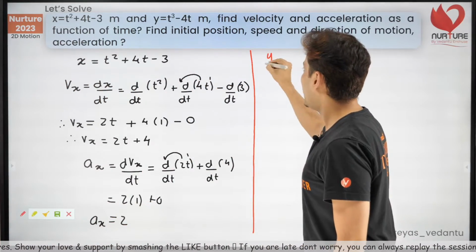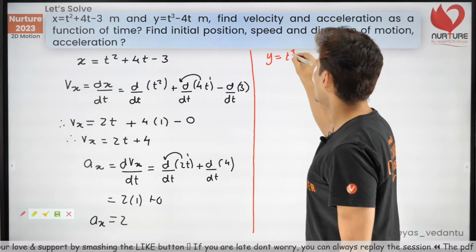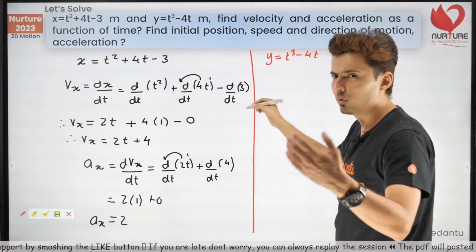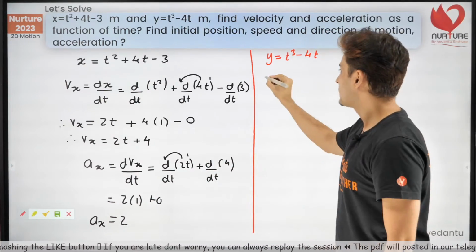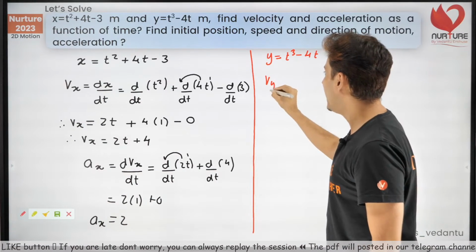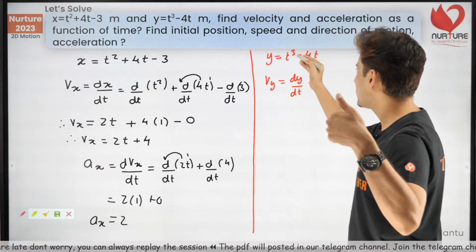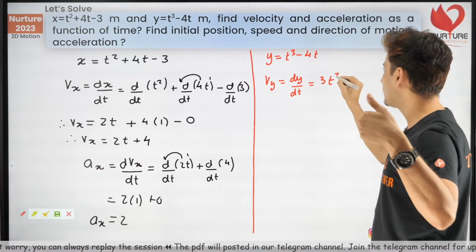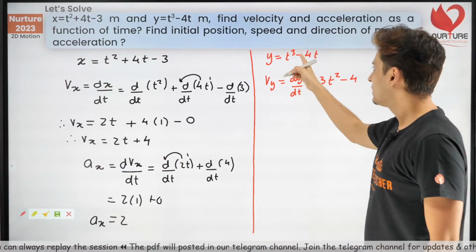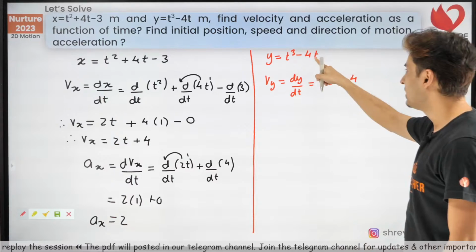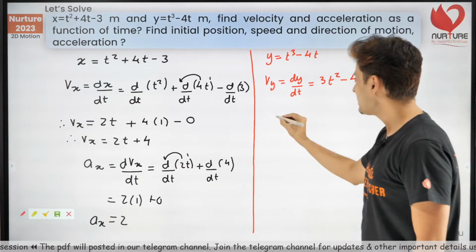So y is t cube minus 4t. I won't do it so elaborately now. So vy will be dy by dt, mentally differentiated, it will be 3t square minus 4. 3t square, n x raised to n minus 1, derivative of t is 1.